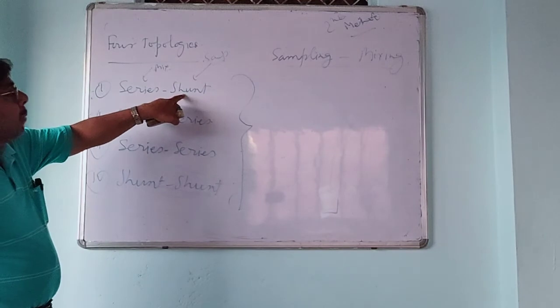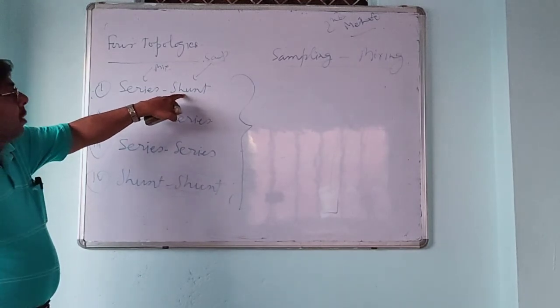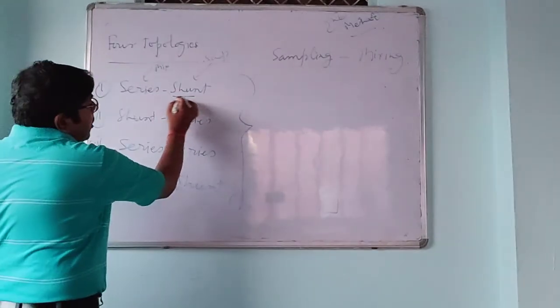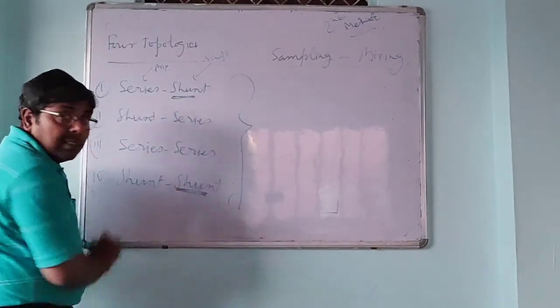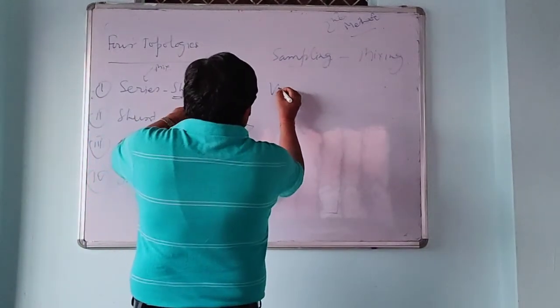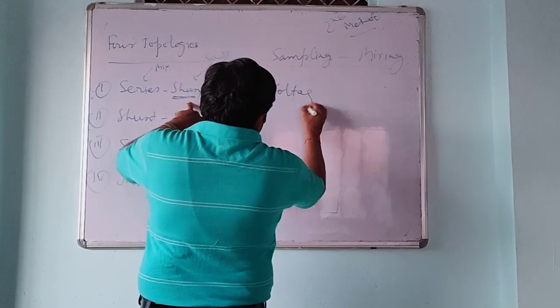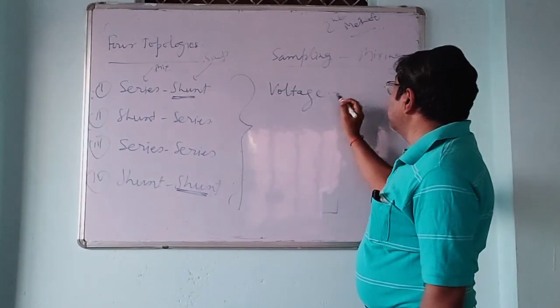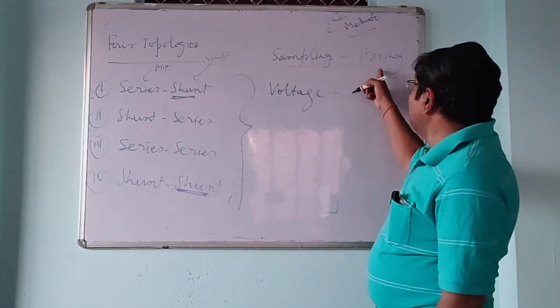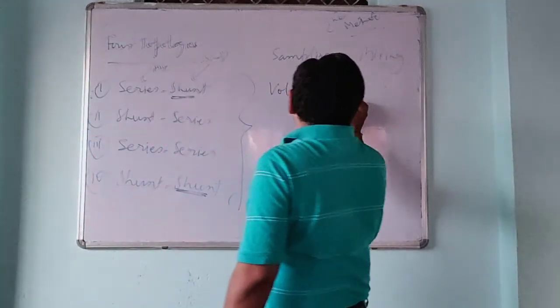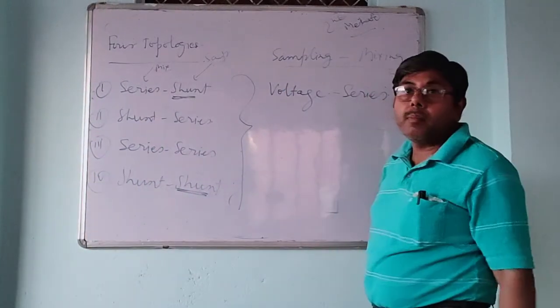So suppose we take sampling in shunt. Shunt means voltage. Shunt sampling means voltage sampling. So this is the voltage, and second is the mixing. Mixing in series. So this is called voltage series.